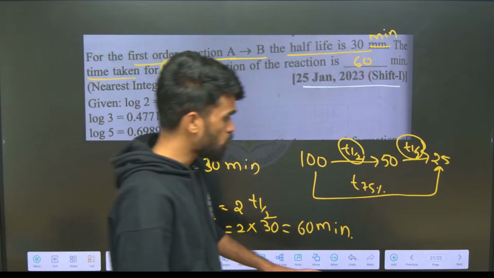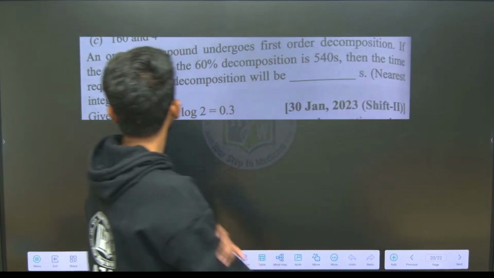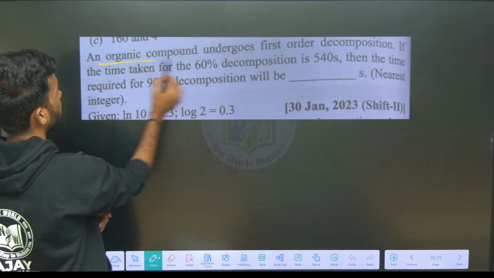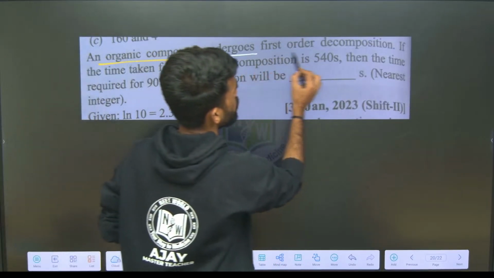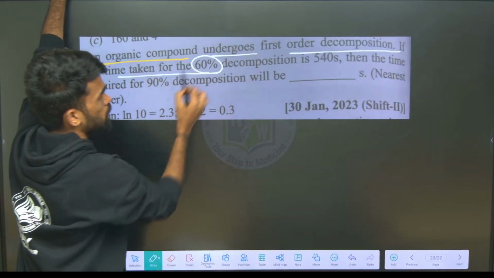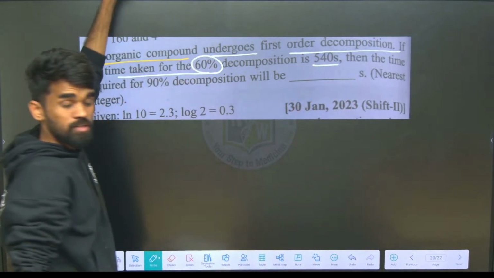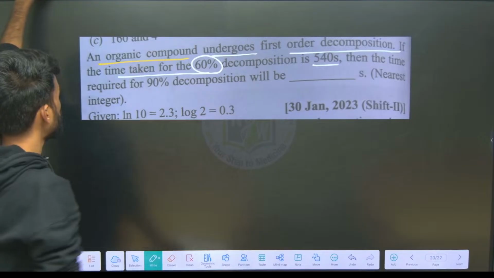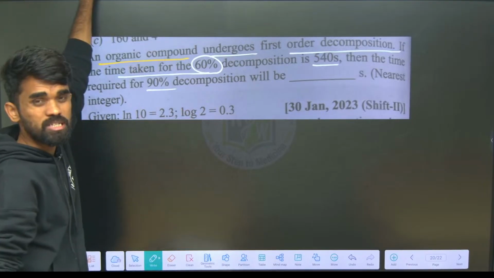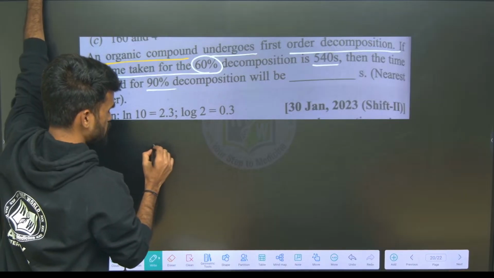Now one more question I wanted to give you. Look at here, an organic compound undergoes first order decomposition. If the time taken for 60% decomposition is 540 seconds, then the time required for 90% decomposition. Very simple. See, what is the equation we should take?